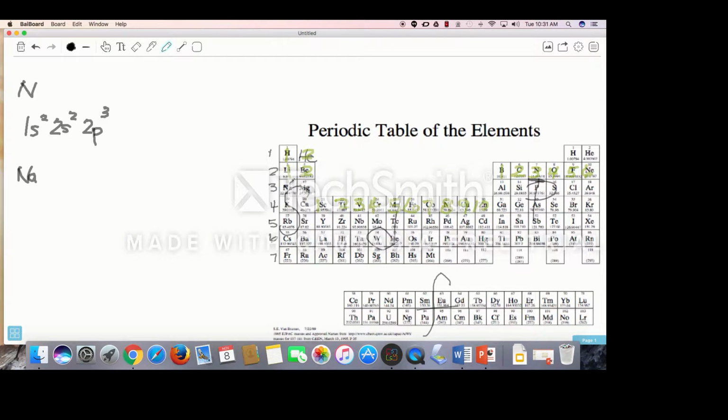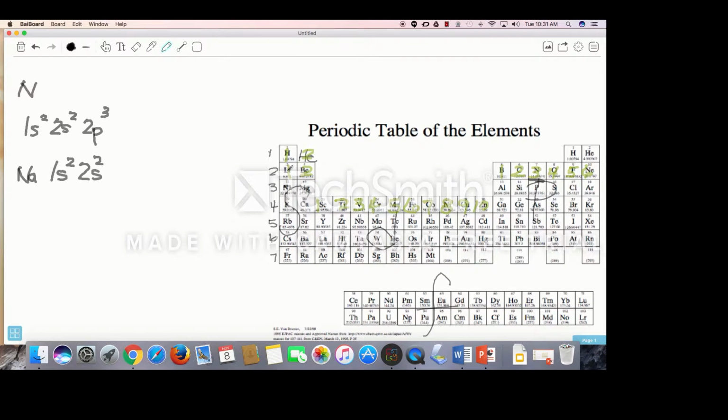Sodium has 11 electrons. So we always start with the lowest energy level, which is 1. We come to the S sublevel, and we count 1, 2. Now we're down to the second energy level. The first sublevel is S, and we count 2 electrons, 1, 2.